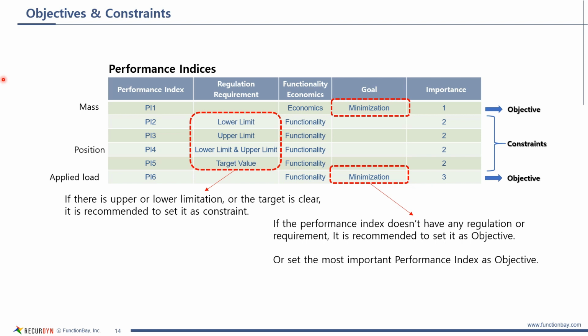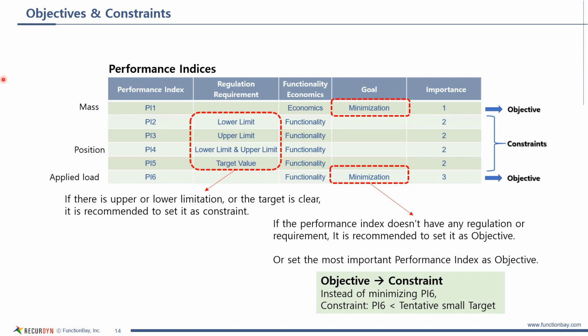For example, instead of minimization, it is possible to use a conditional statement. After deciding the tentative small target value, use the conditional statement as a performance index that is less than the tentative target. It is possible to change the constraints to the objective also.